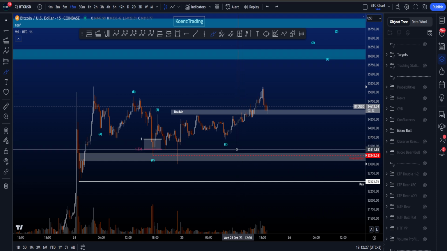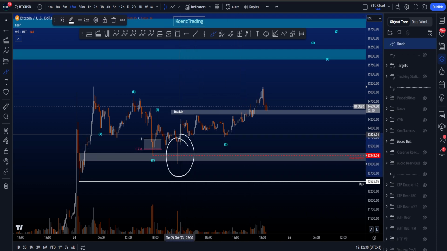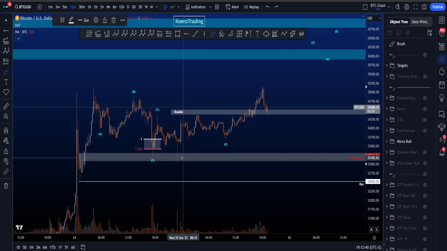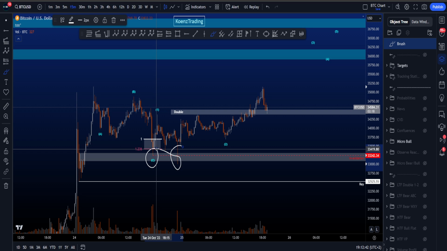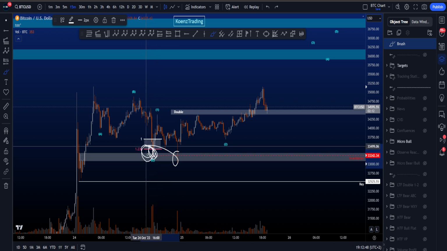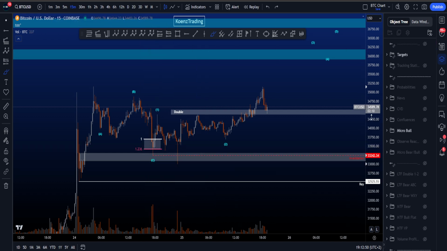But then again, also for a triangle, look at this wick over here, and that wick is his wave C. So on his chart, which is Binance over here, wave C ended above wave A. But on my chart, wave C ended below wave A, which again would invalidate a triangle, because wave C is not allowed to go below wave A. So yeah, that is a bit awkward.